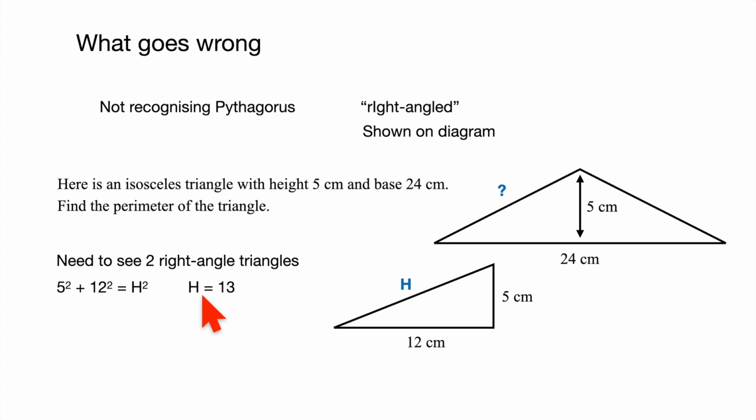You've been there before. The perimeter, of course, of this shape is this length, which is h, this length, which is h, and 24. So the perimeter is 13 plus 13 plus 24, which equals 50. But the key to this question is spotting Pythagoras, the right-angled triangle.